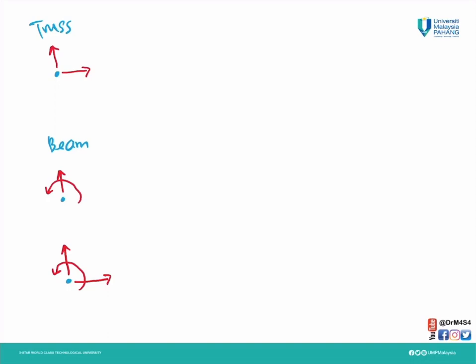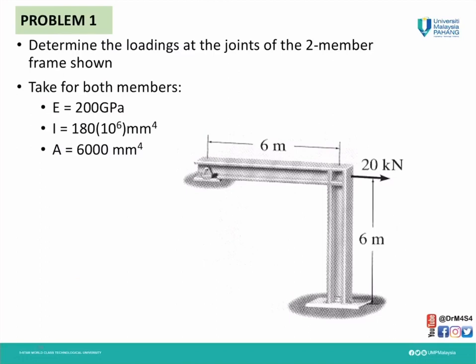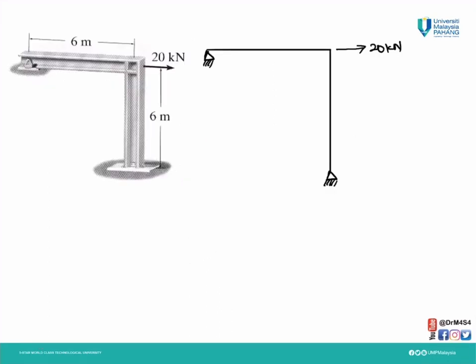Alright, now let's do the first example. Here, problem number 1. We need to determine the loading at the joints of the frame as shown, with the profile as given here: E, I and A. First of all, at each node for a frame, we're going to consider 3 types of displacement, which are horizontal, vertical and rotational.